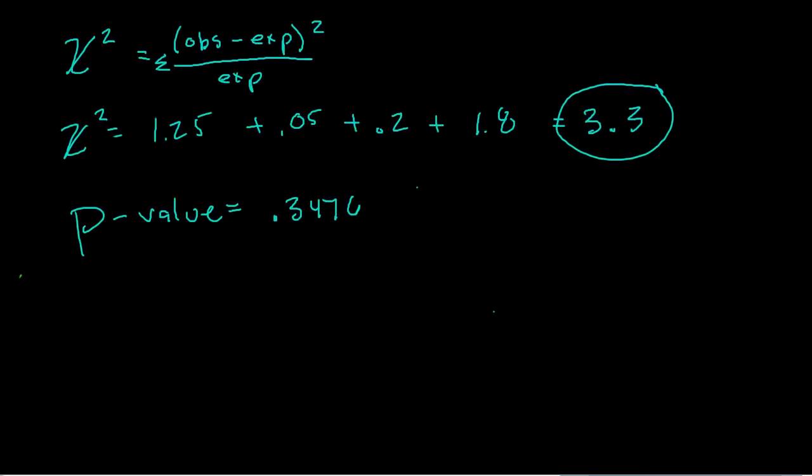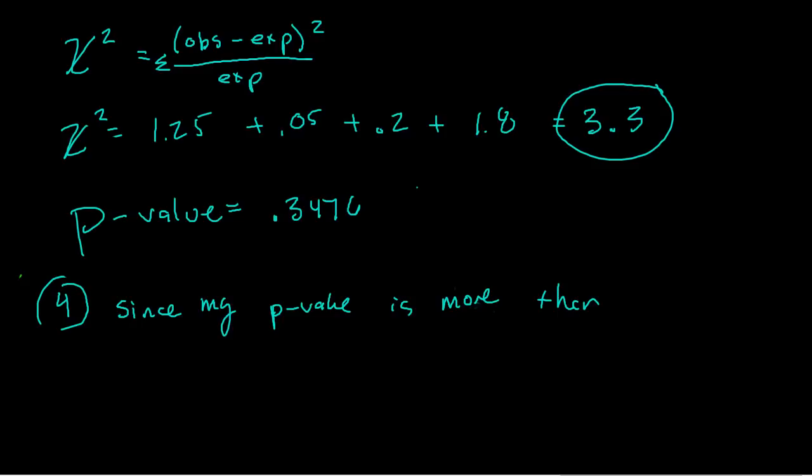So now this leads me to my fourth step, and that is my conclusion. And I will say, since my p-value is less than, boy, having one of those days, not less than, it's more than, since my p-value is more than, and then you could use any alpha you want.